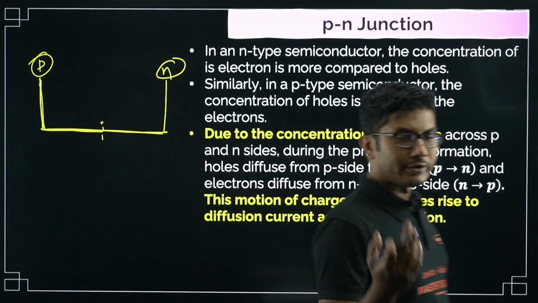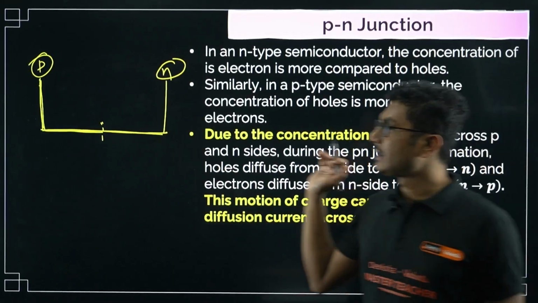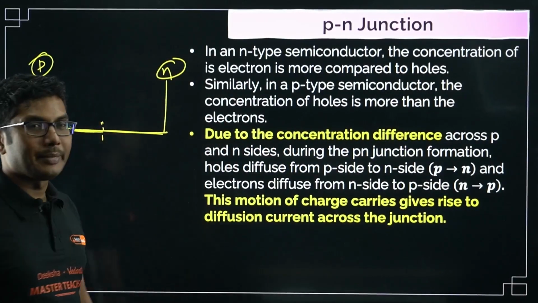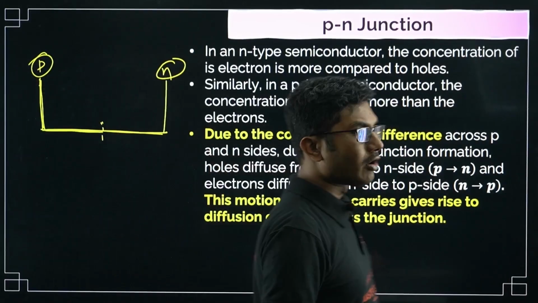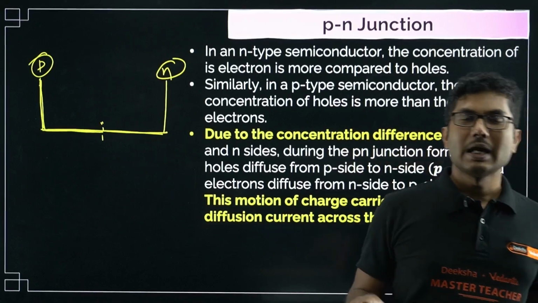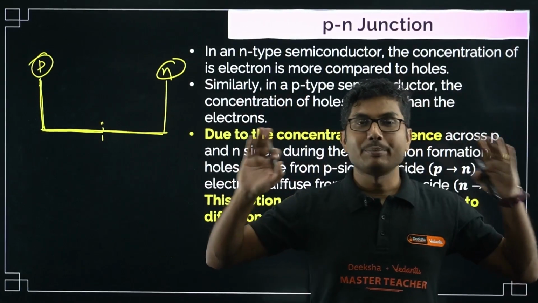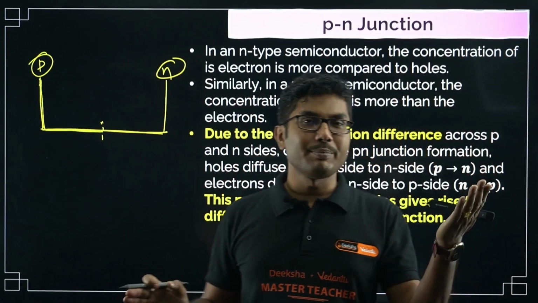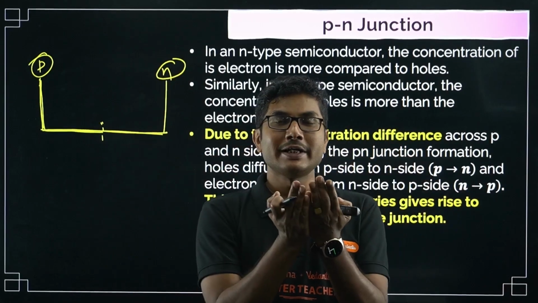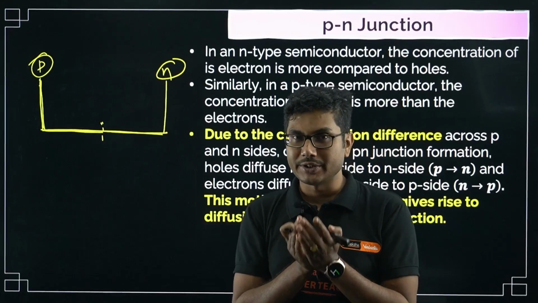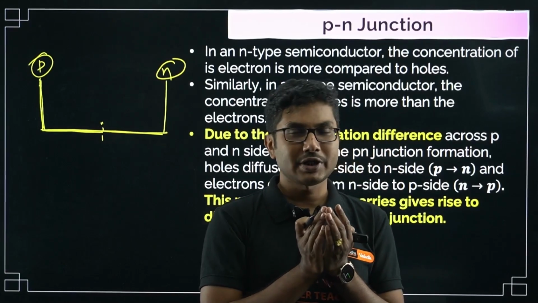In your textbook they have given that the entire thing was first made p, then from the other side, the other half they made n. That is also a way of doing it. There are other ways as well, but remember that you cannot make a p-n junction by taking a p, taking an n and joining them together. That is not the way to create a PN junction. You will not get a PN junction this way.